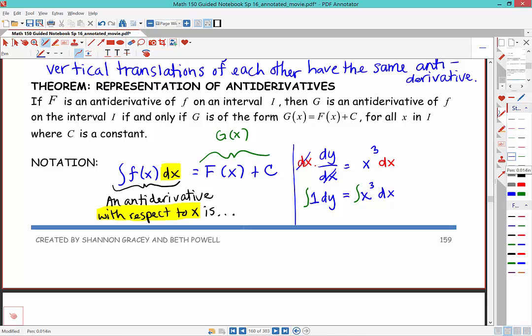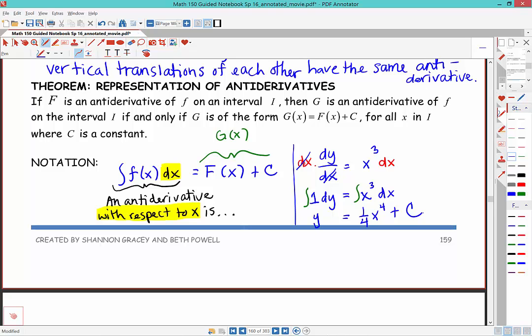So what we have is, good, this one will be y, because y is the with respect to variable. And then this guy will be the one we'd been working with before. So remember, we got 1/4 x to the 4th. And then what would we add? Good, our constant of integration.